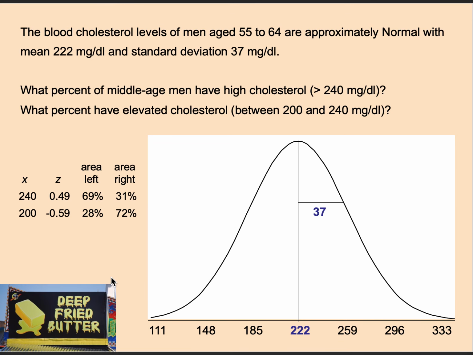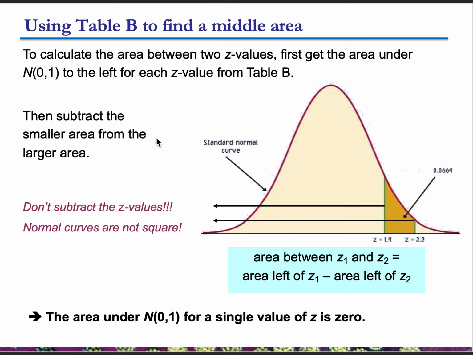So these are the two important pieces of information from this normal distribution. The third is if you want to find the middle area, I mean it's not exactly middle, but the area between two different z points or even x points. You basically transform those x values, x1 and x2, to z1 and z2, and then find the area for z1 and the area for z2.